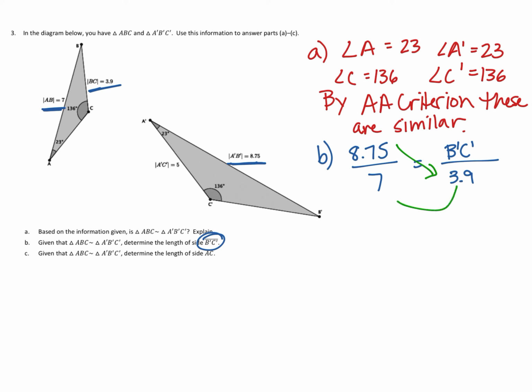Then we will cross multiply and divide to solve for this missing piece. Your job is to find out what that is equal to.